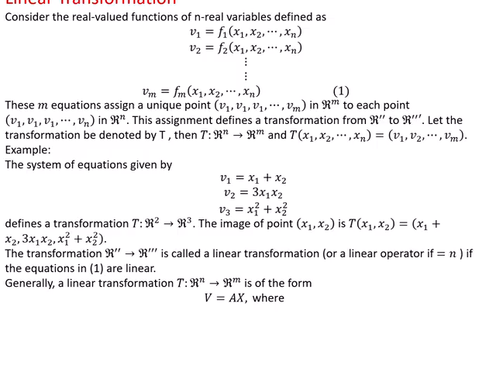So C of x1 and x2 is given as the first v, the second v, and the third v, which is v1, v2, and v3. The v1 is given as x1 plus x2, then v2 is given as 3x1x2, then v3 is given as x1 squared plus x2 squared.